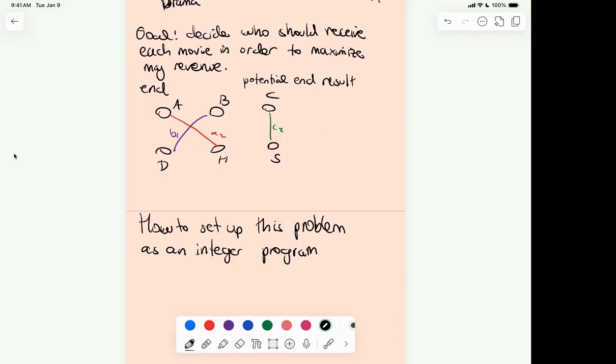The trick will be to use binary variables. So I'll do the following.